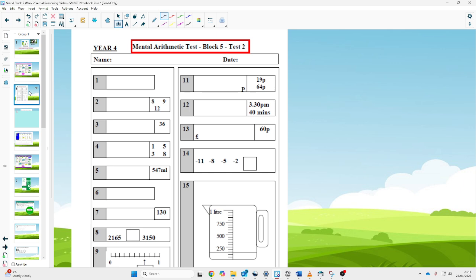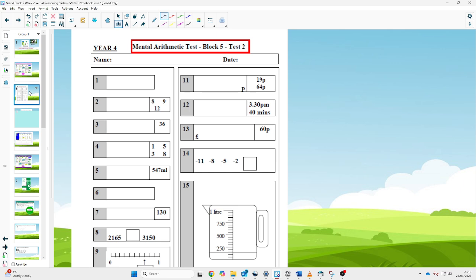Write the number 7081. Question 2. What is the total of 8, 9 and 12? Question 3.